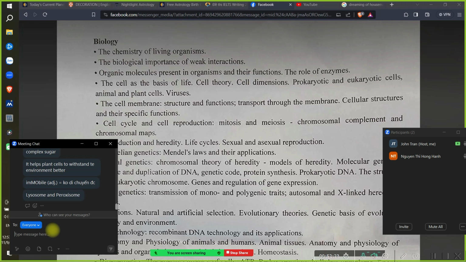The lysosome and peroxisome contain what? Lysosome, the purpose of it is to break down food because it contains digestive enzymes, and in white blood cells it can destroy pathogens.